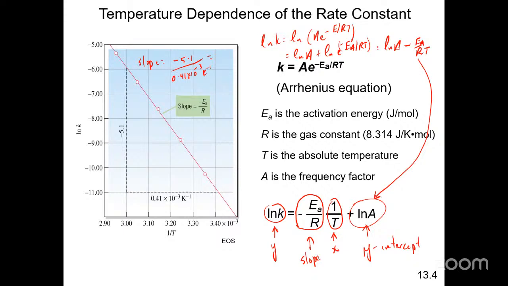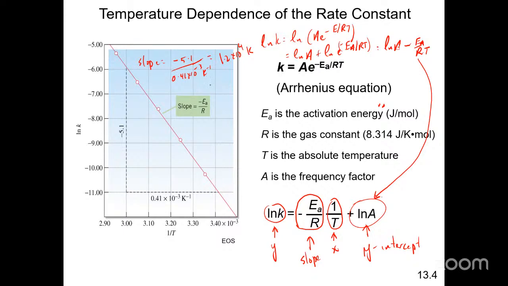This gives you 5.1 divided by 0.41 times 10 to the minus 3. So according to my calculations, when rounded out to 2 sig figs, I got 1.2 times 10 to the 4 Kelvin, all right?